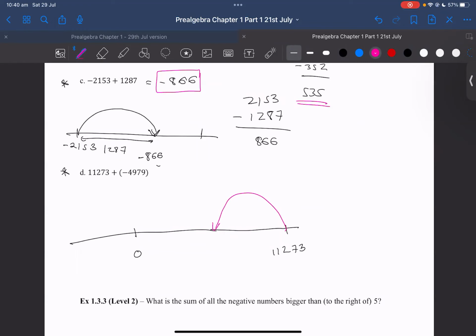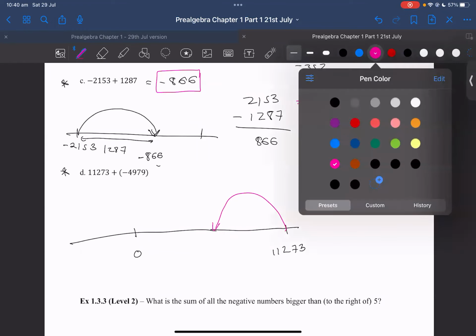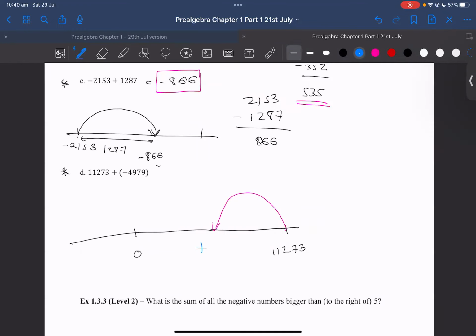If you go here, we know our answer is going to be positive, since we're making the number smaller, because we're adding a negative, going to the left. Therefore, it's getting smaller. We do subtraction, right? 11273 minus 4979. You get the number from there. If it's positive, that's your answer.